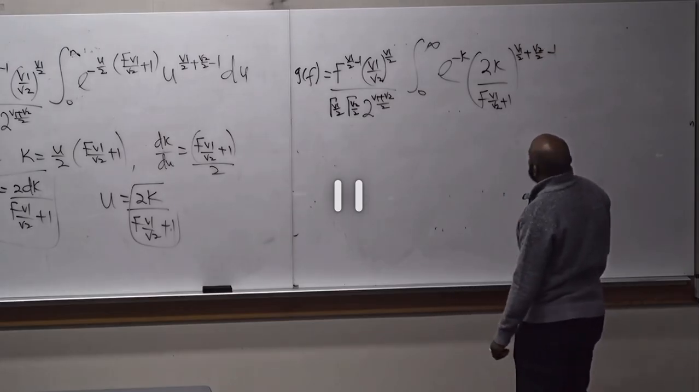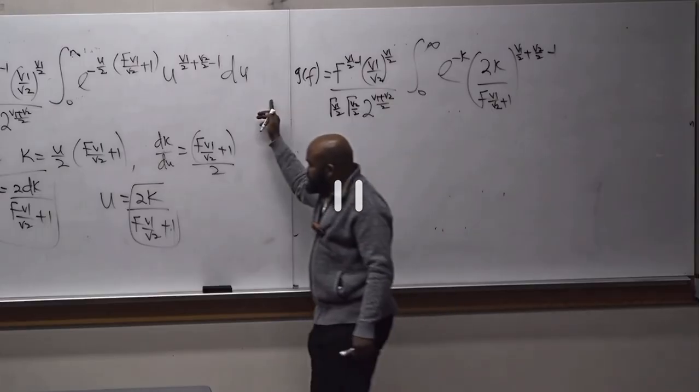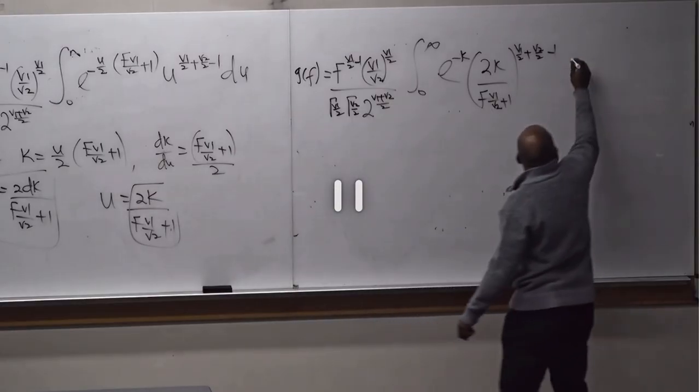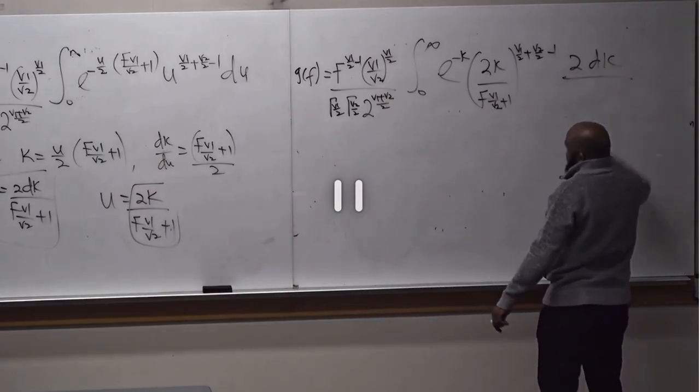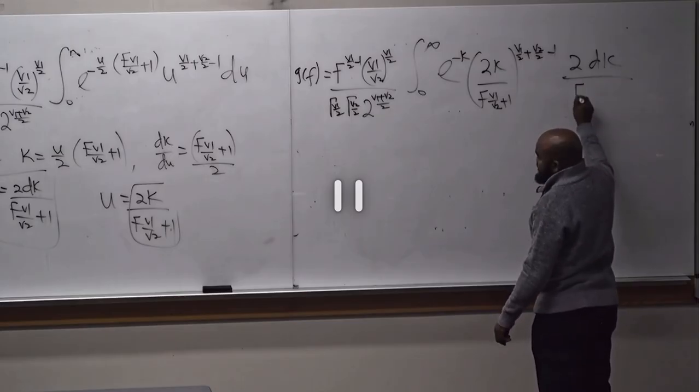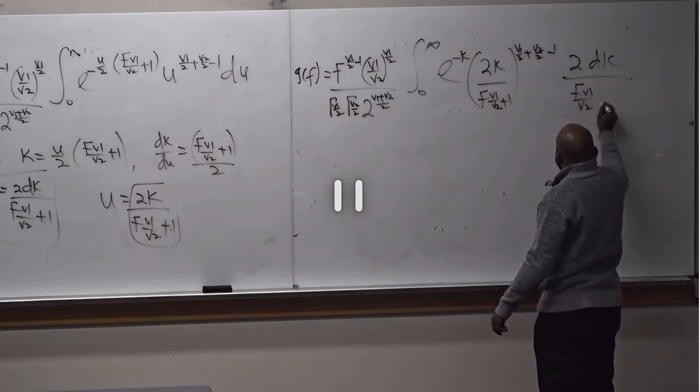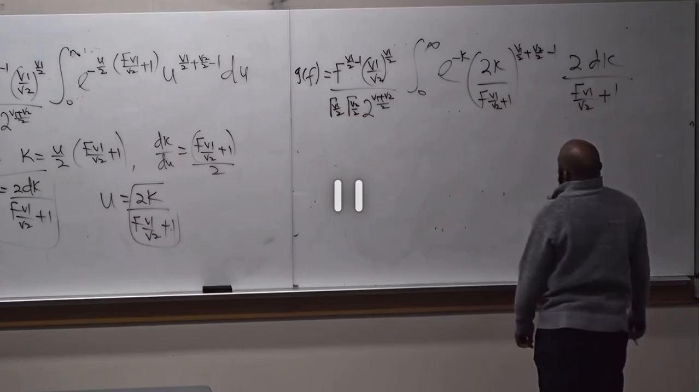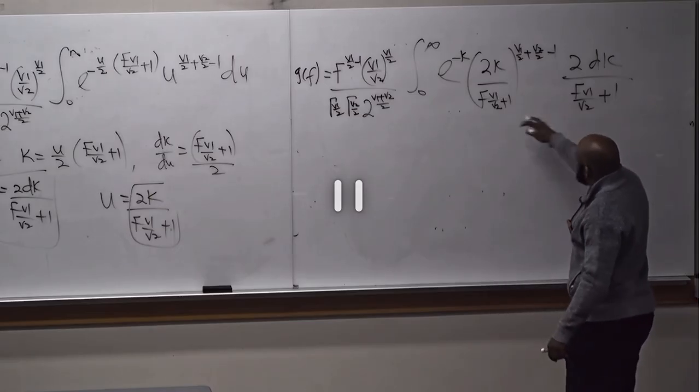Now you see that? Then instead of dU, 2 dK divided by (F V1 over V2 plus 1). Look at that. All I need to do is to simplify this one.